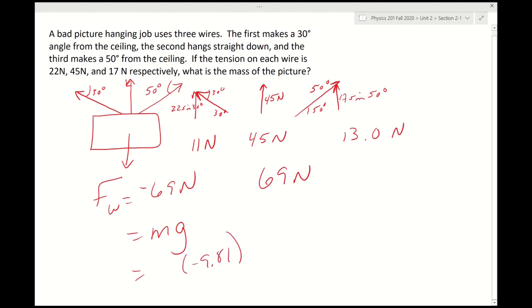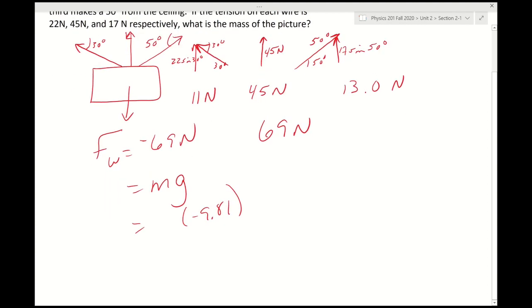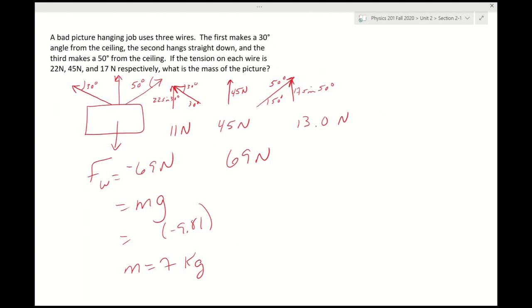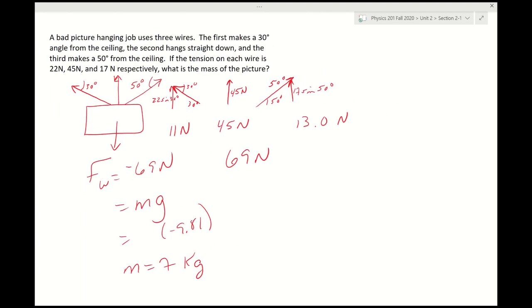Now, an interesting thing about this particular problem is ideally the horizontal components should also cancel, so that in this case we have 22 cosine of 30 degrees and we have 17 cosine of 50 degrees. So those should be the same size and opposite in direction.